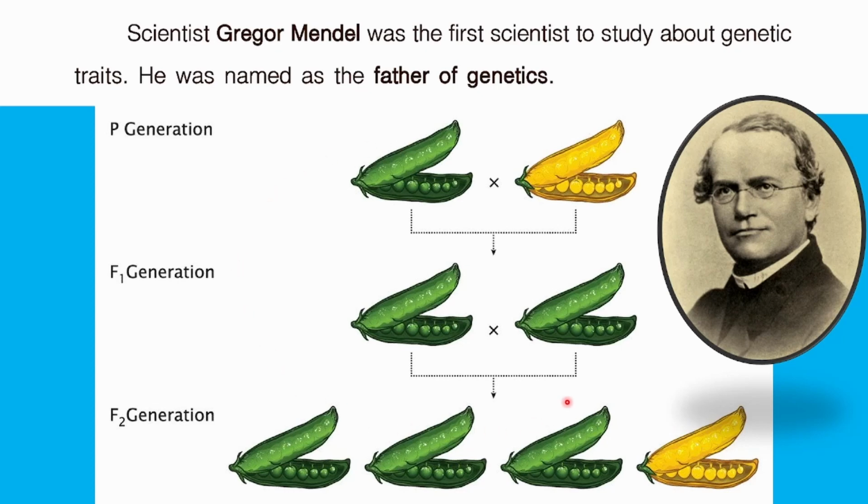This picture here is not in your book, but this man here, Gregor Mendel, he used peas to discover genetics.